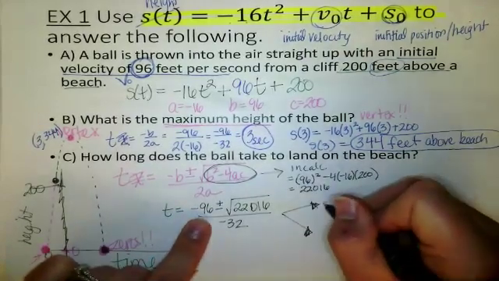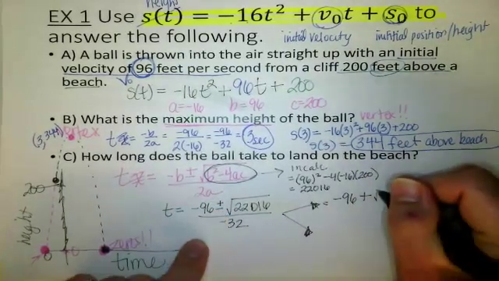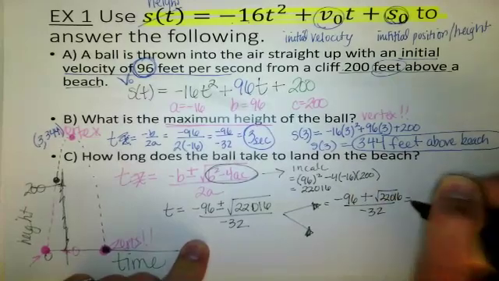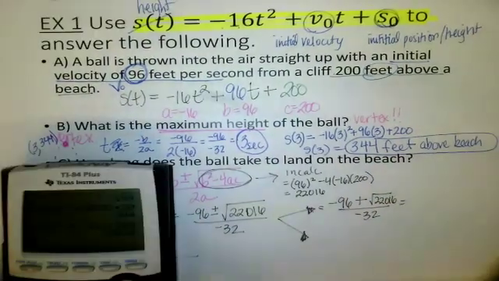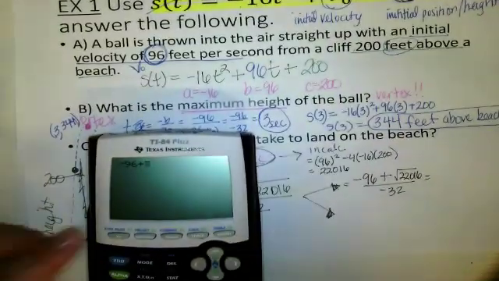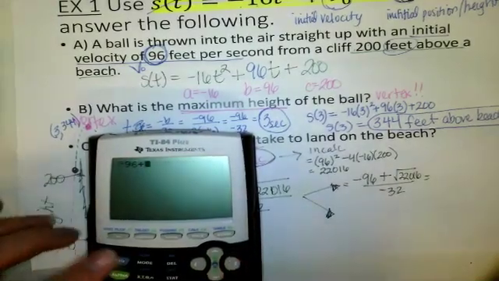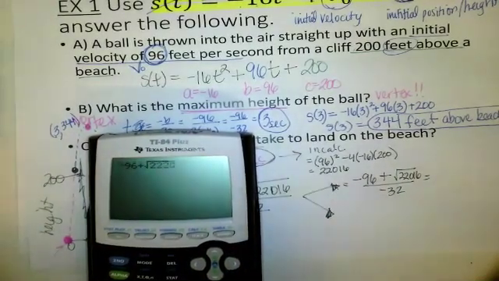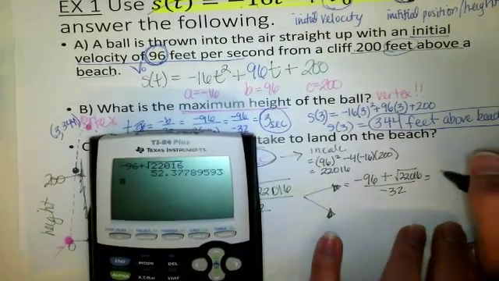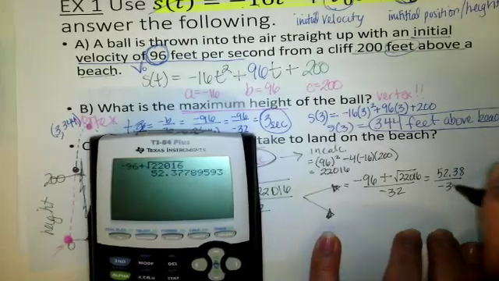So the first thing is negative 96 plus, I'm taking the positive sign, the square root of 22,016. And I'm going to plug the numerator into my calculator. Negative 96 plus the square root of 22,016. So I'm going to get the numerator, and it's a decimal, 52.38 roughly, over 32.